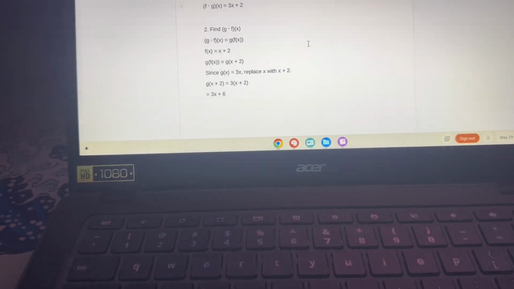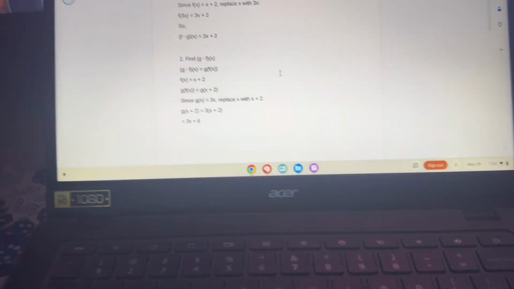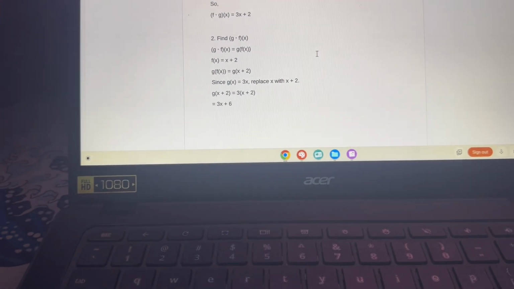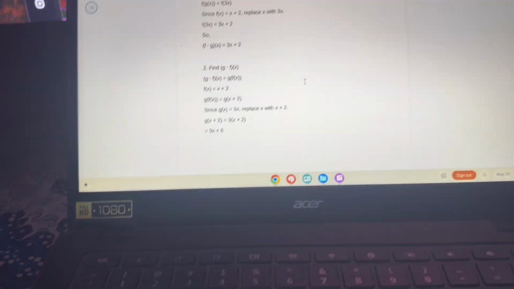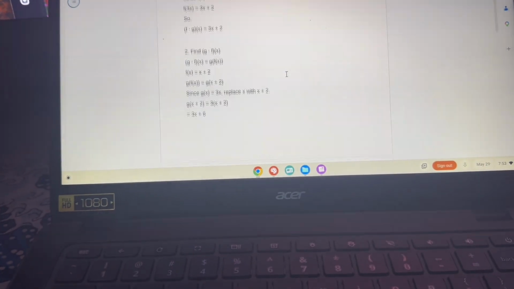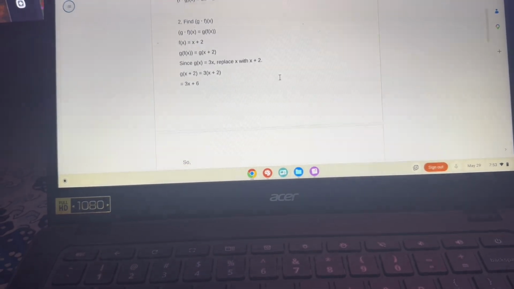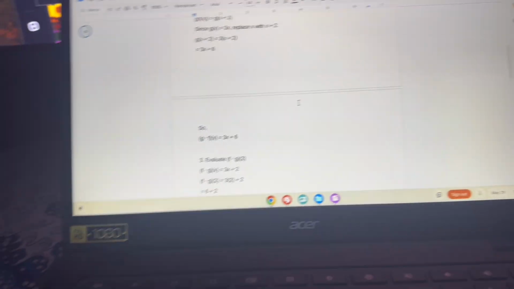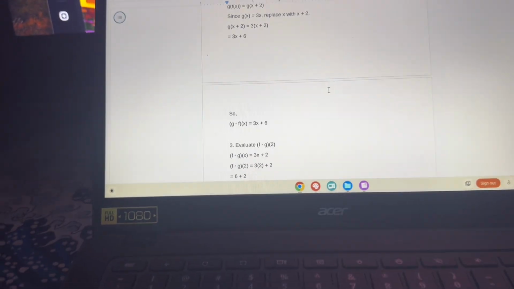And since g of x equals 3x, we can replace that again with x plus 2, rewriting the equation to 3 times (x plus 2), which equals 3x plus 6. So 3x plus 6 is the answer to our equation.